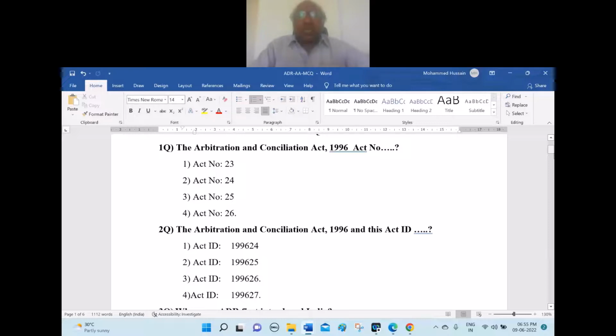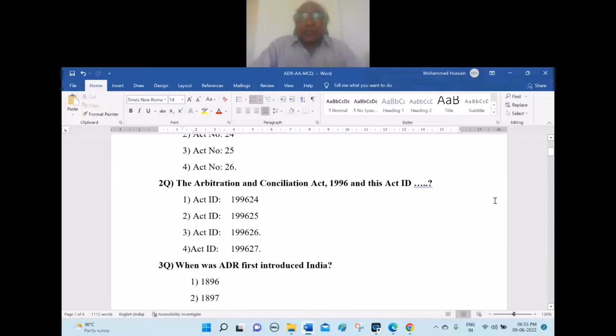Here the act number is 26 and the year is 1996, hence the ID is 1996-26. Even myself did not know the act has an ID. This is the first time I noticed that. Is it clear? Say yes.